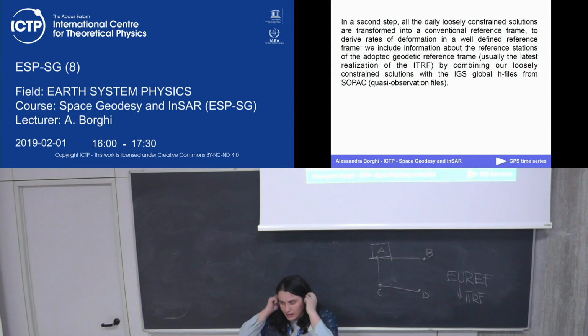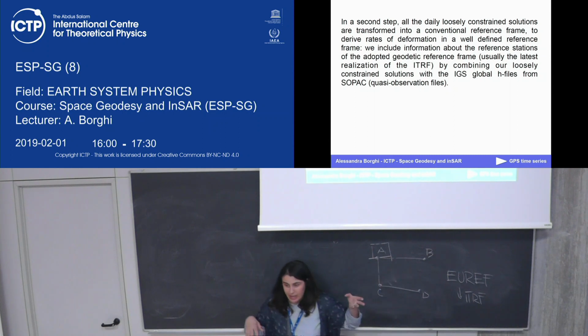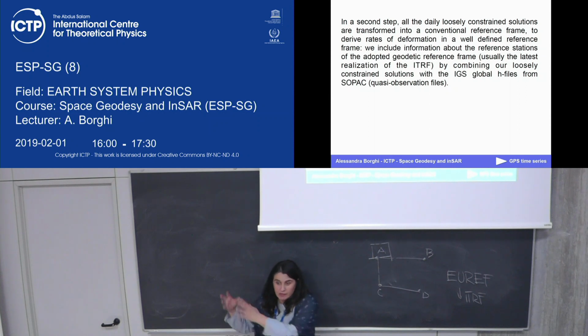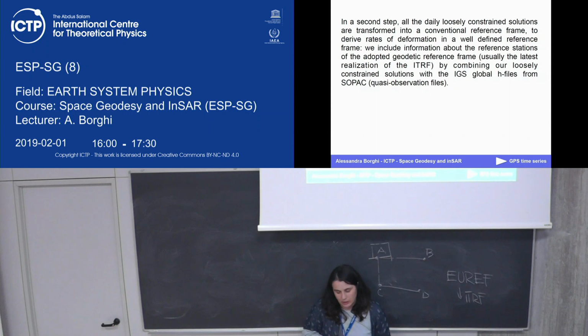I can see that on that day my solution is too far from the theoretical solution, so from the solution predicted by the ITRF file of the coordinates. Do you remember, the ITRF reference frame is a set of coordinates and velocities at a given time. So if I have a point that belongs to this network, I can predict the theoretical values, and I can check my daily solution against this one.